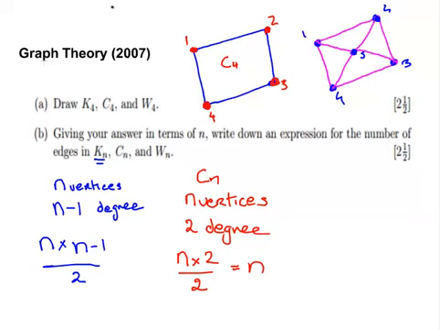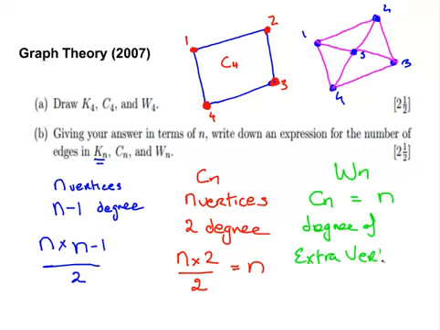And for Wn, let's do this one in green. There are two parts to it. We have Cn, which has n vertices, and then another vertex, the extra vertex, connected to the original ones. So the degree of the extra vertex is also n.